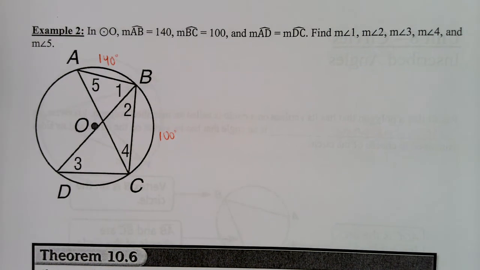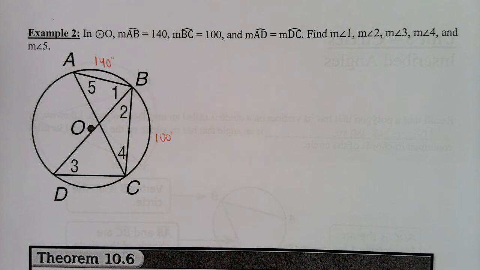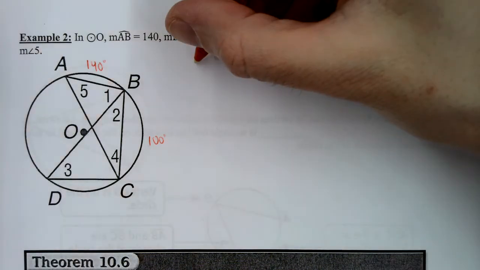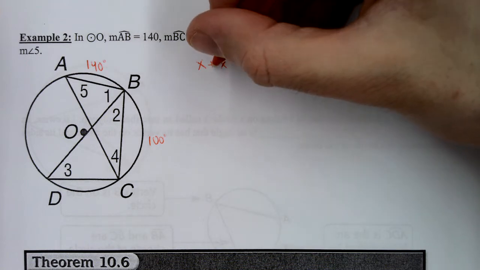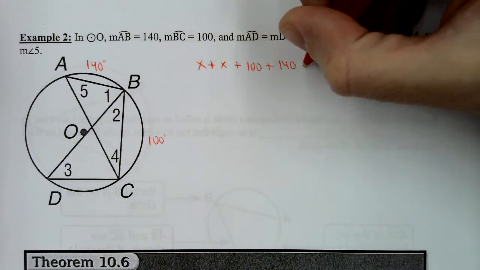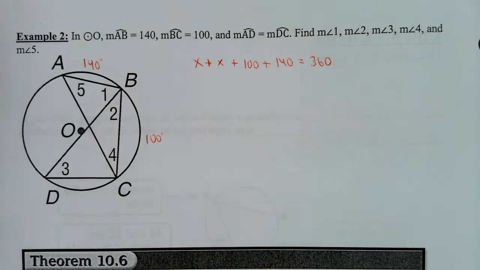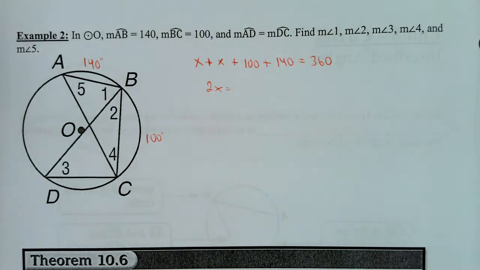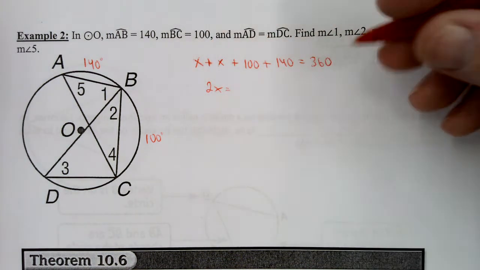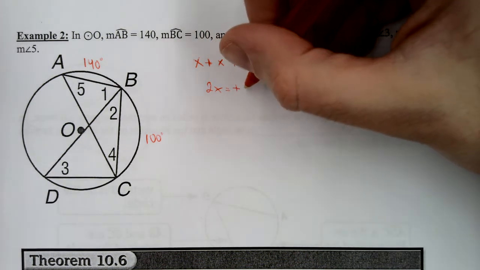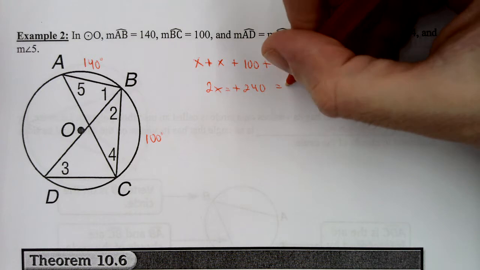Before we can find the angles, let's find those two missing arcs. Since they're the same, let's call each one X. So X plus X plus 100 plus 140 equals 360, which means 2x plus 240 equals 360.